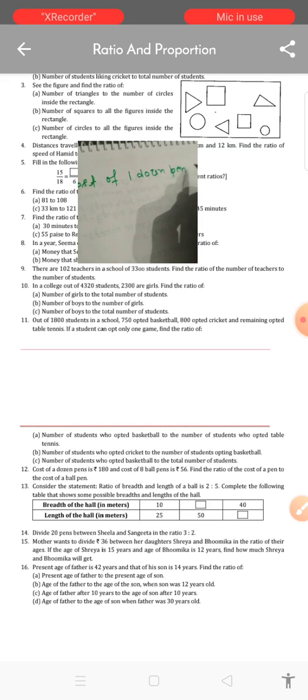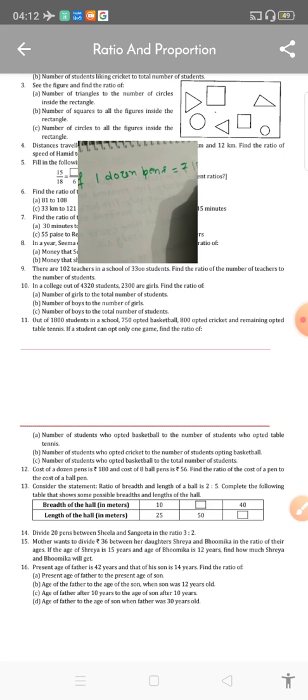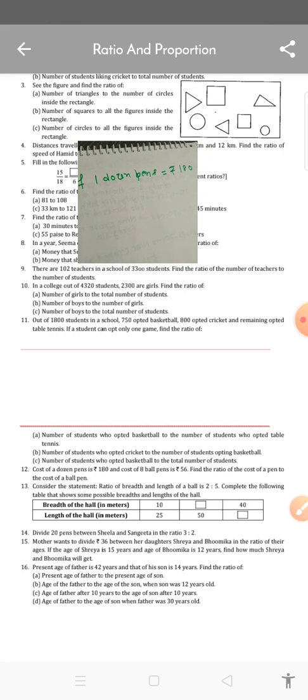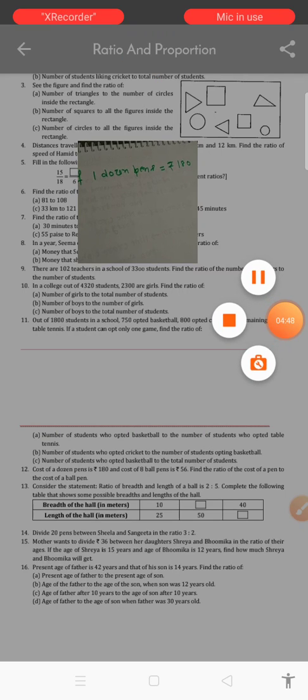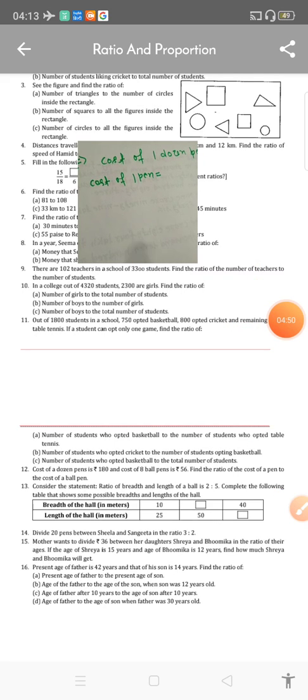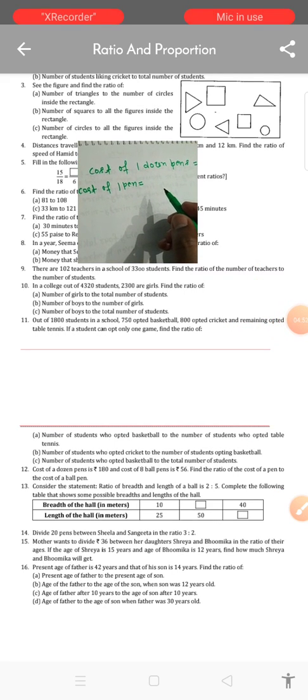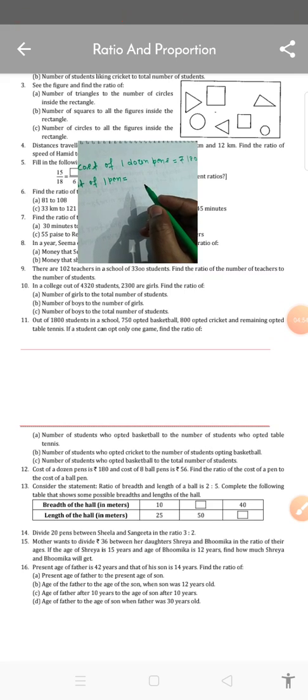One dozen pens is equal to 180 rupees. Okay, this is given. Student, this is given: the cost of 1 dozen pens is equal to 180 rupees.